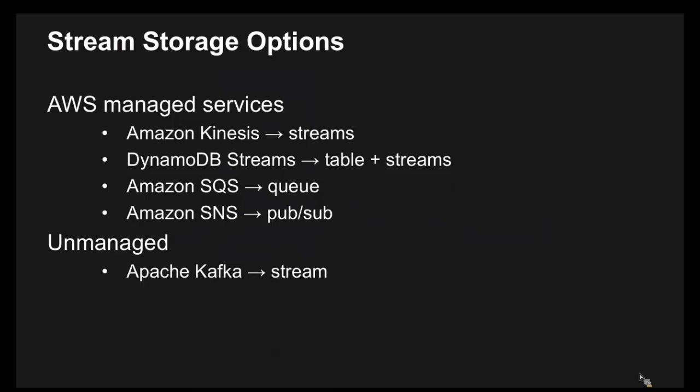In the case of managed services, we have Amazon Kinesis, DynamoDB Streams, Amazon SQS and SNS, even though they're not necessarily streaming storage services. We'll compare and contrast this with the other systems a little bit later. We'll also look at the unmanaged. On the unmanaged side, for example, Apache Kafka is super popular.